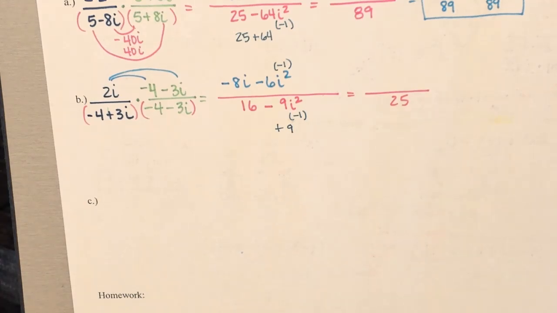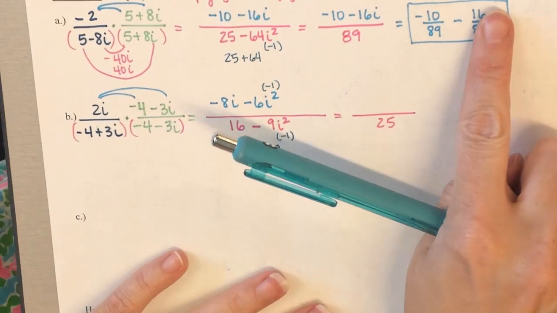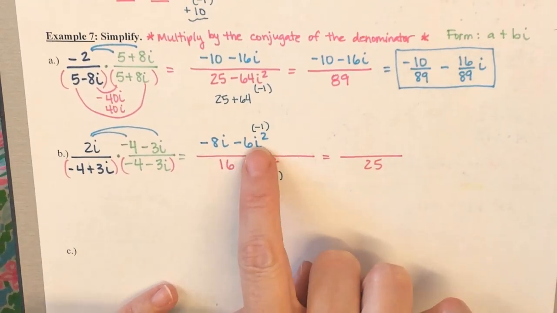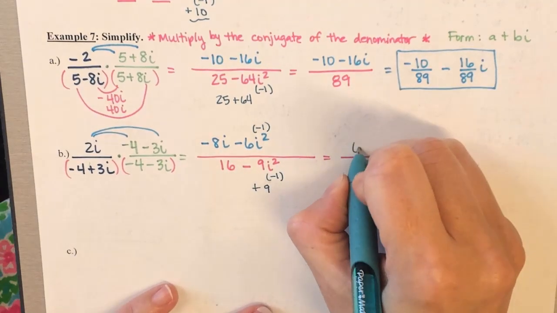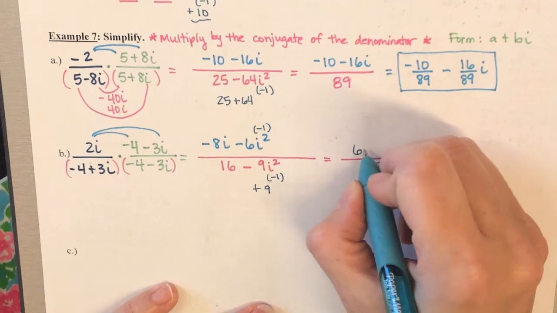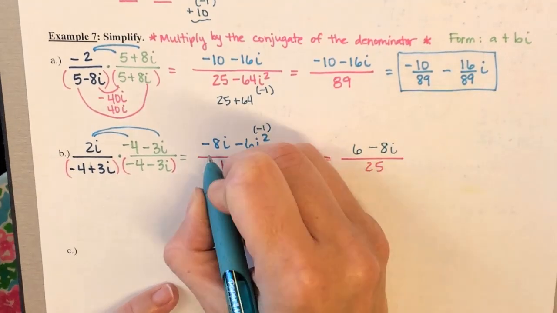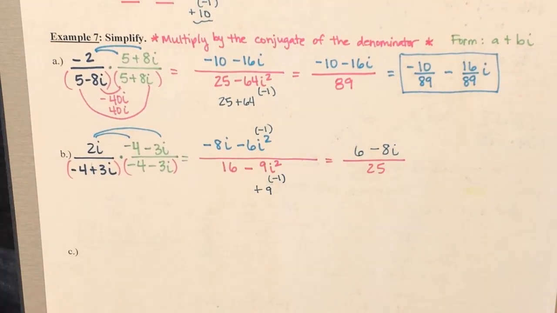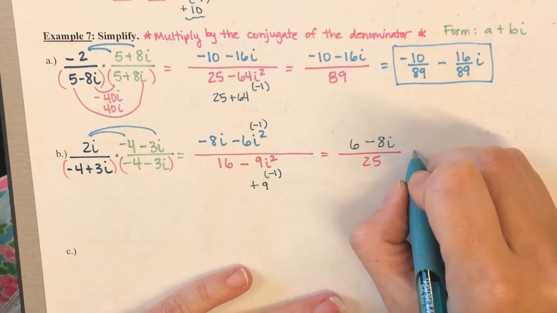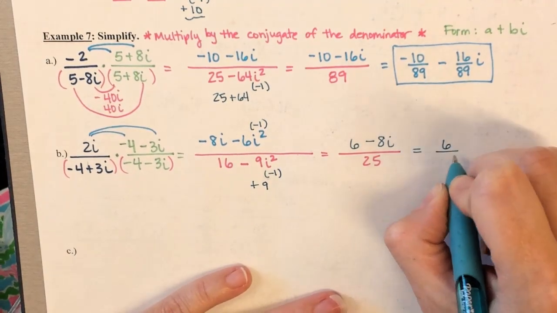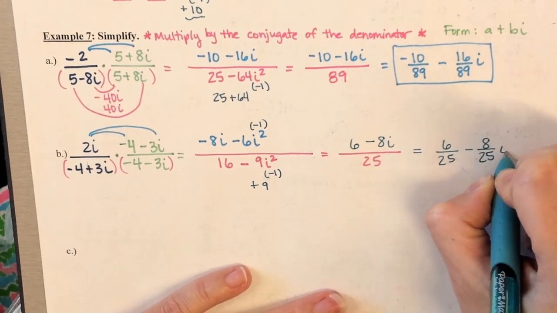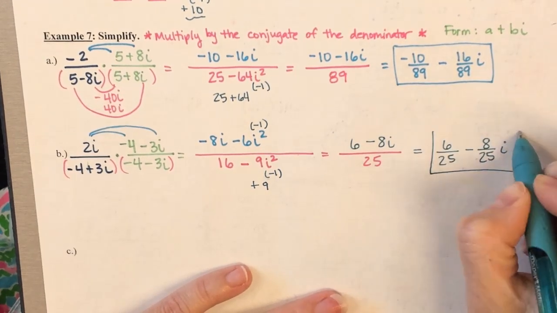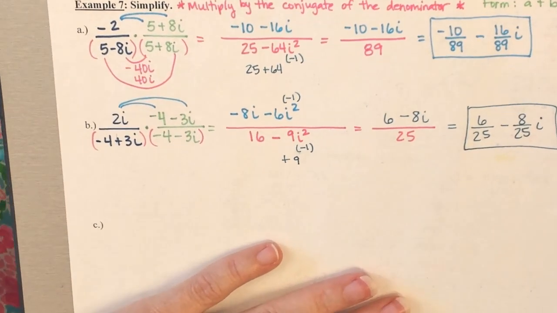When you're simplifying this, remember that the a plus bi form has the real number go first. So negative 6 times negative 1 is a positive 6, so I'm going to write that first. And then the negative 8i is going to go behind it. Then you can just split this up as 6 over 25 minus 8 over 25. Okay, nothing to reduce there, so that's going to be your final answer.